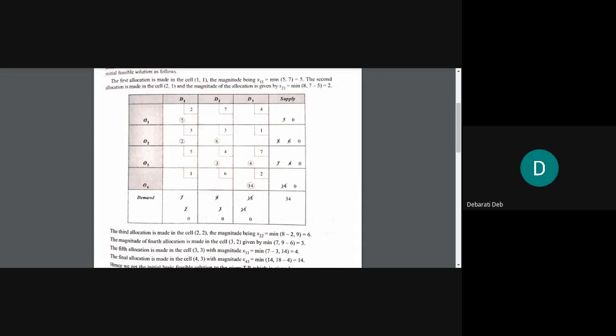Okay? Now all of you listen to me. We will start from the northwest corner. Which is the northwest corner? This box having the cost 2 at the top left hand side is your northwest corner. So we will start from that corner.